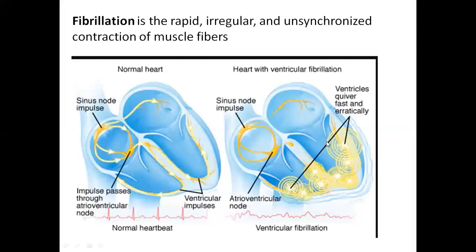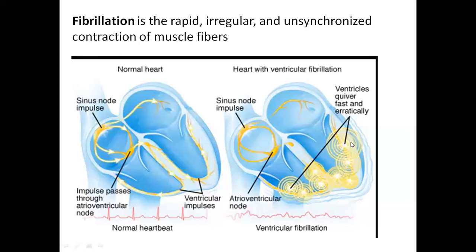Actually it should follow this manner in a normal heart. If there is ventricular fibrillation, some pulses do not travel properly, and some surrounding pulses will be produced.